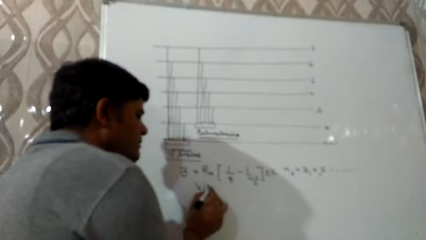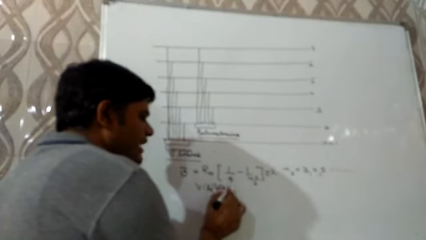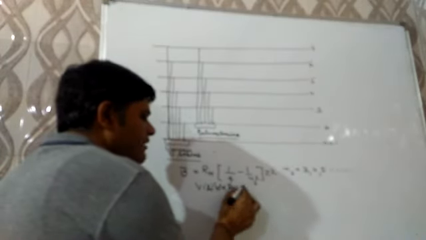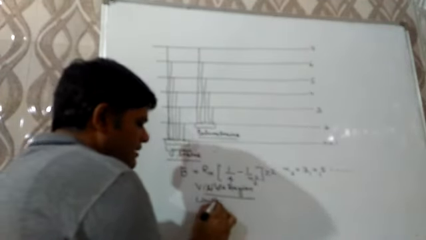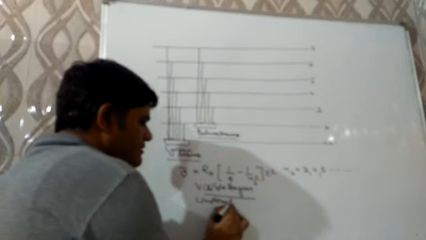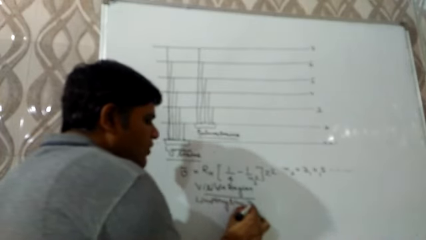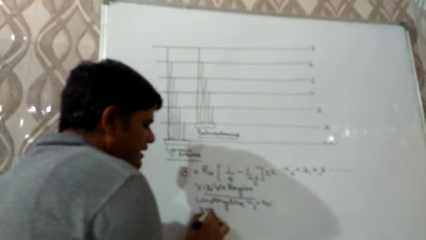This series of lines lies in the visible region. Same here, for the limiting line, n2 is infinity. First line, n2 is 3.